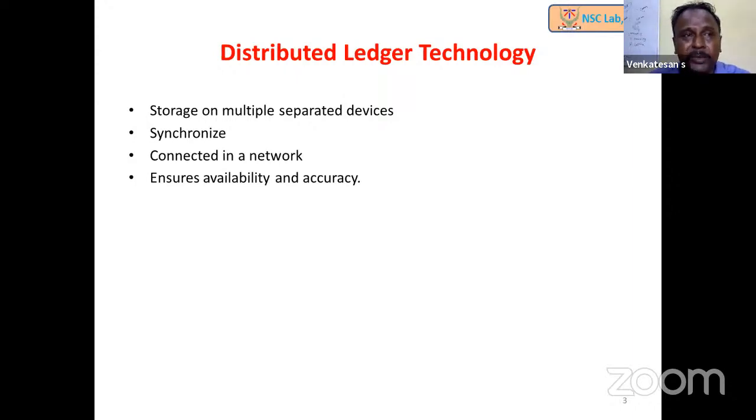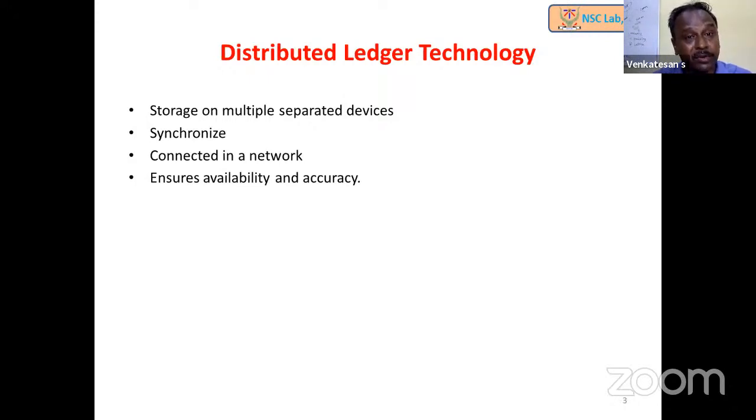So what the distributed ledger technology is going to bring for the application or the users, the first thing is that the data which is mandatory for the application will get stored in multiple separated devices. It may be within the region or it may be located in different places.